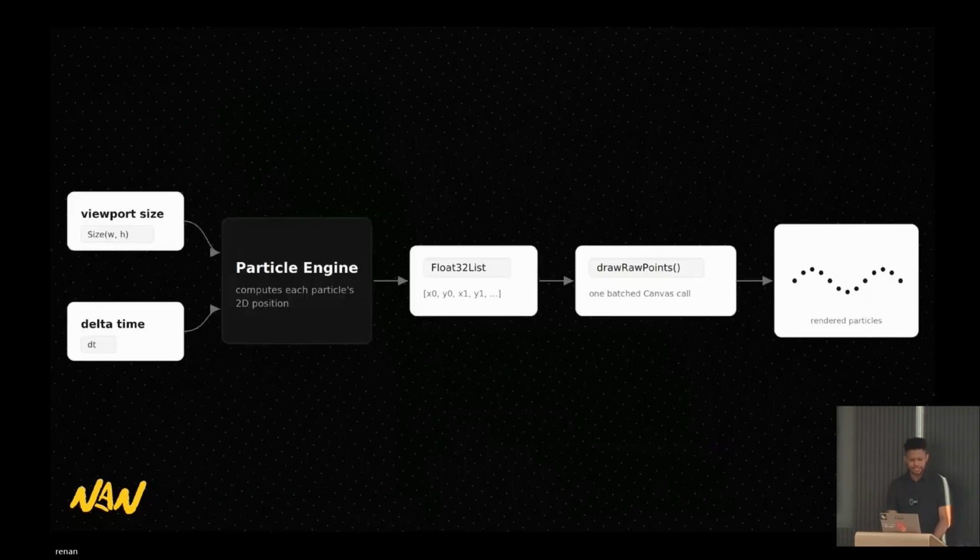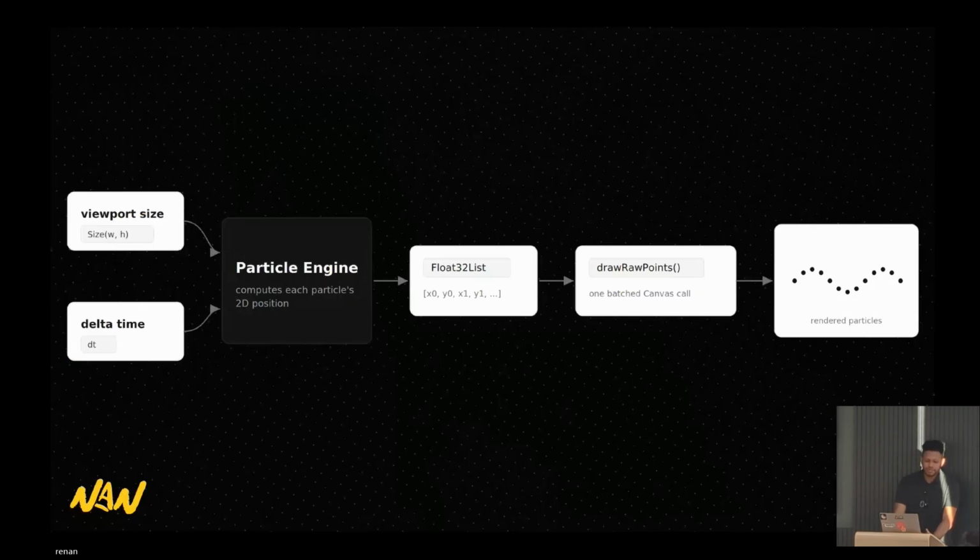So this is pretty much how this particle system has to look. We have the inputs. Here we have two examples: the viewport size and a delta time to move the particles around over time and have animations. But you can also have other stuff. For example, in the state where we display a waveform, there are the numbers that represent the different values in the waveform, and other inputs that we can have.